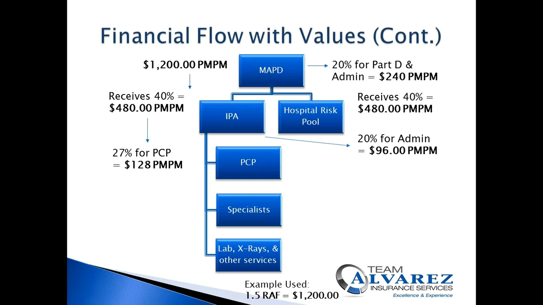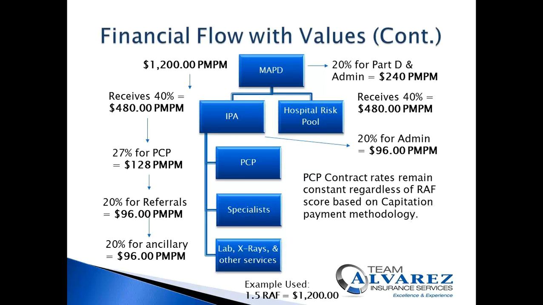However, instead of it being 40% of the total cap received, now it's 27% because there's more dollars, because of the correlation between the person's actual health condition and the reimbursement rate. Again, $96 for referrals per member per month on average, and $96 allocated per member per month for the ancillary services.